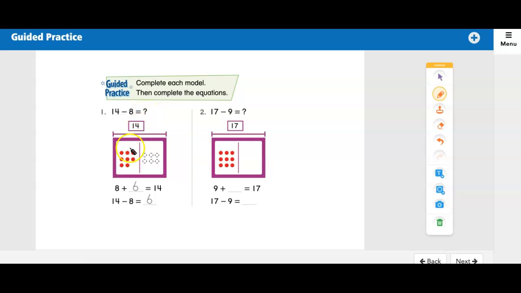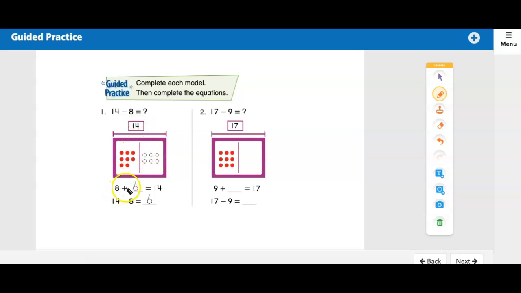We then see our part-whole chart. It tells us that our whole is 14 and our part that we know is 8. So we have 8 counters on this side. They then used the part-whole chart to count on 6 more counters till they got their whole of 14.